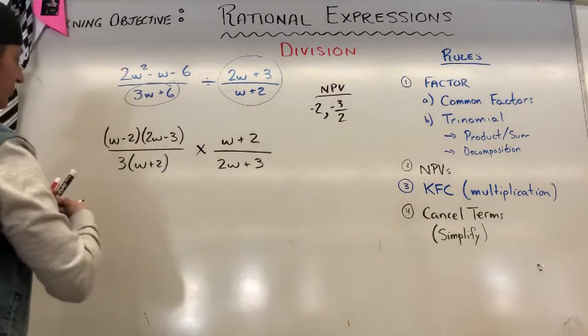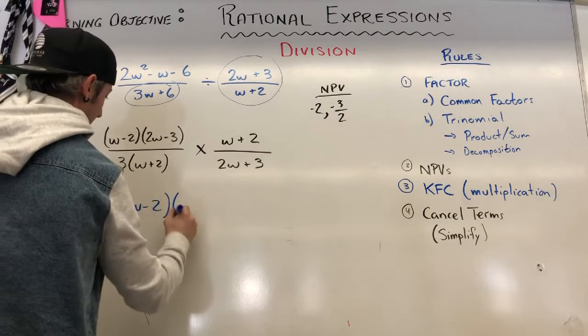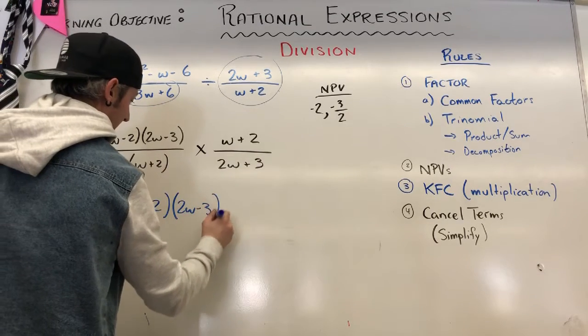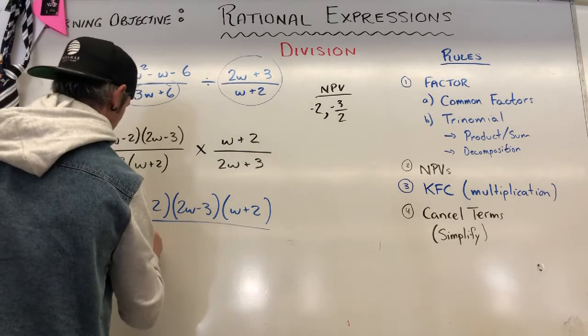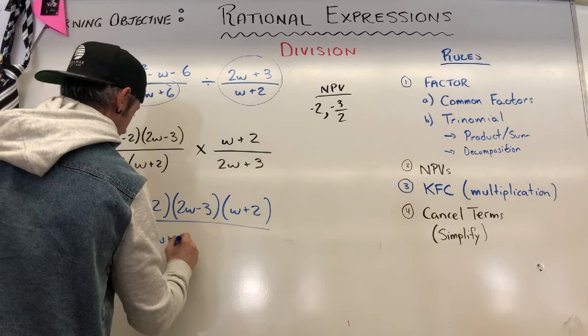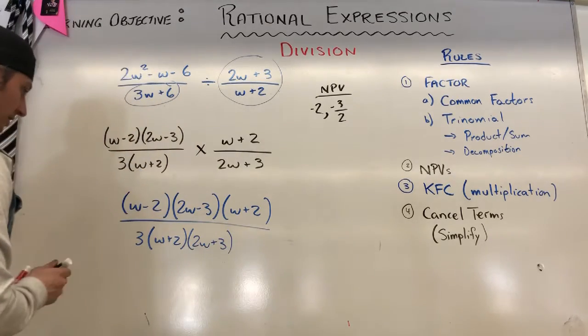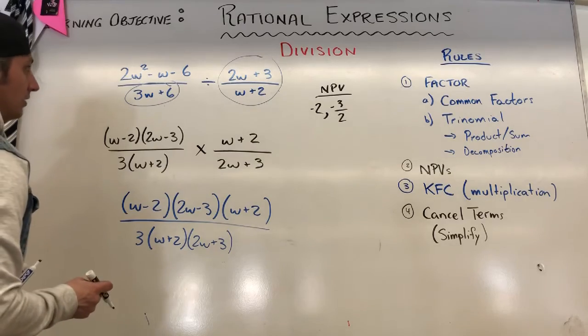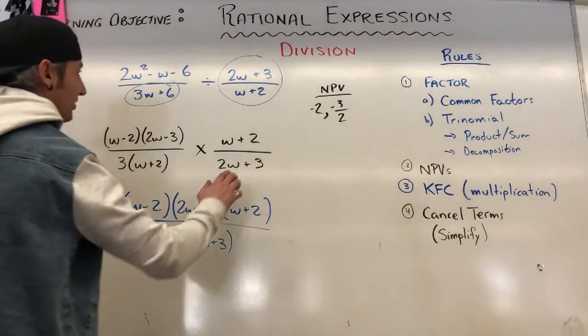Now I can bring this multiplication all together. Just write it like this. All divided by 3, w plus 2, 2w plus 3, and oh no, you know what? I'm just going to pretend.